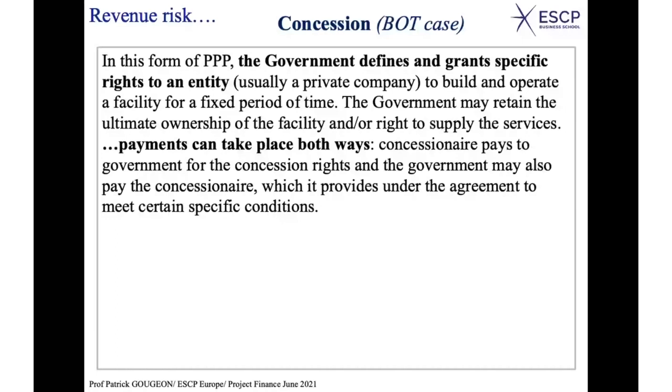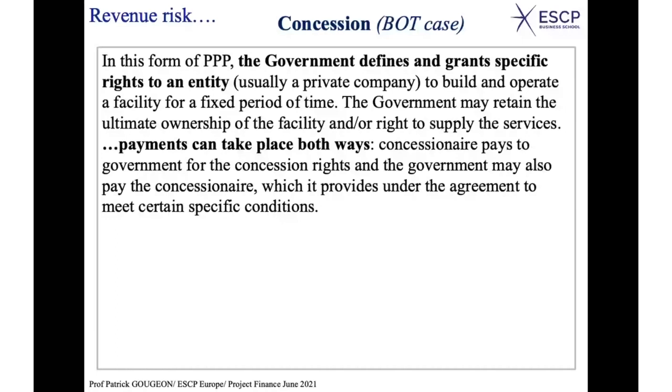What is meant here is that those who are operating get a certain revenue, and part of this revenue can be used to pay the state which gave the concession, or the revenues might be kept by the state and then paid to those who are operating. They're receiving a certain amount of money to operate the facility. It can be both ways.